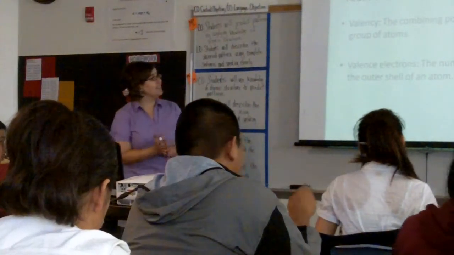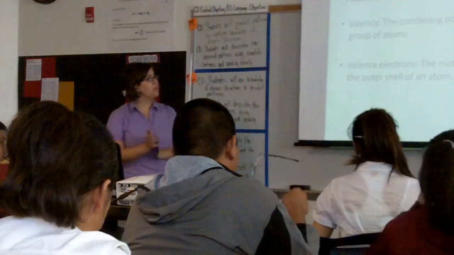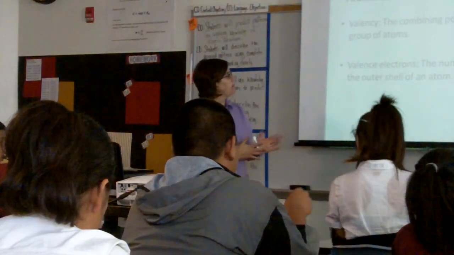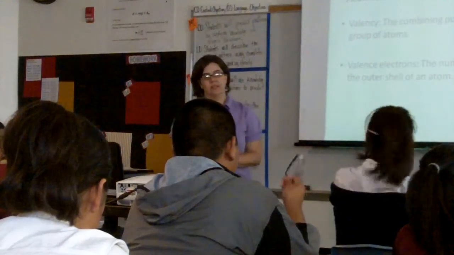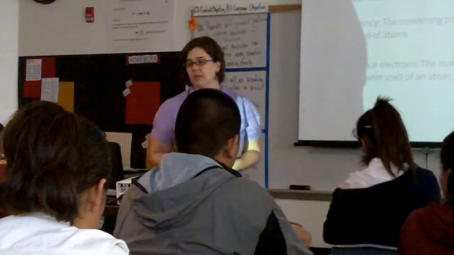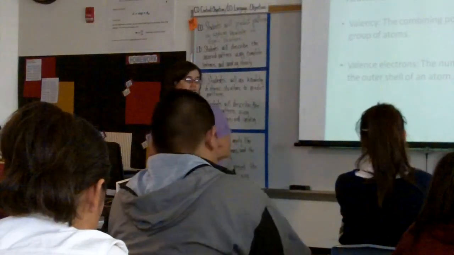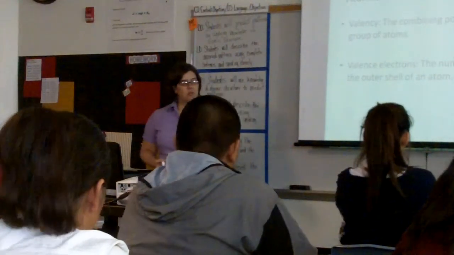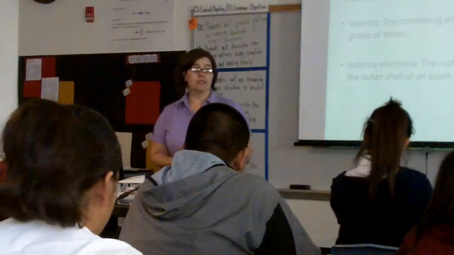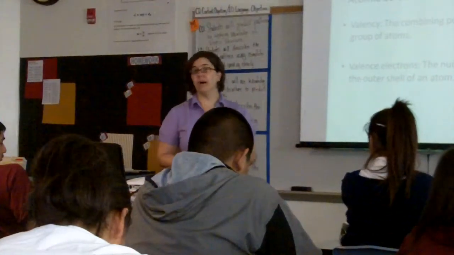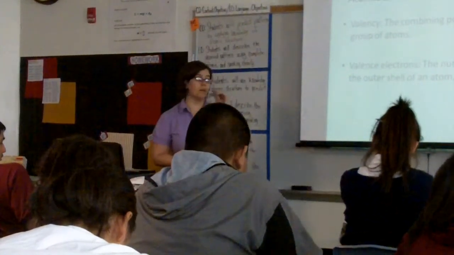So valency is a term you're going to see quite a bit. One of the better definitions of it is the combining power of an atom or group of atoms. Go ahead and write that down, but really the second term is the one we're going to focus on in this unit, and when we get to talking about bonding is when we'll really talk a lot more about this idea of valence.